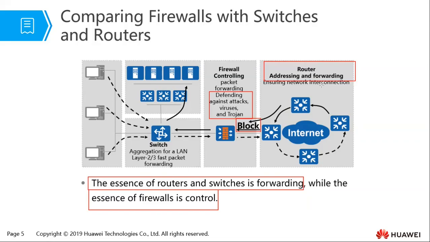Now, the reason as to why we are doing this comparison is because we have some of the security features like packet filtering that actually can be configured on routers. So you can do that, but again, when you do that, there are many other things that the firewall can do that the routers cannot do.